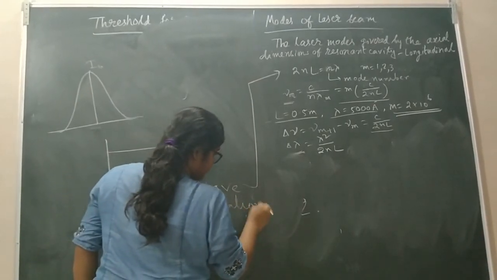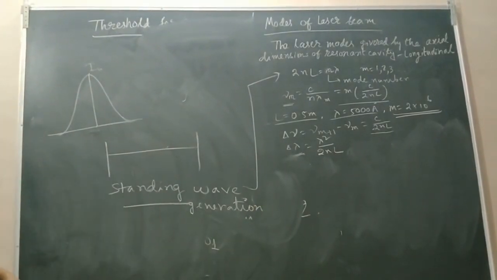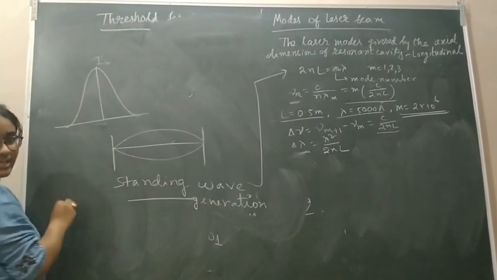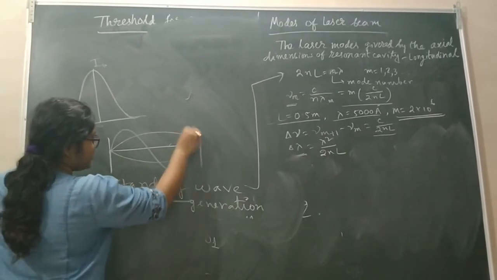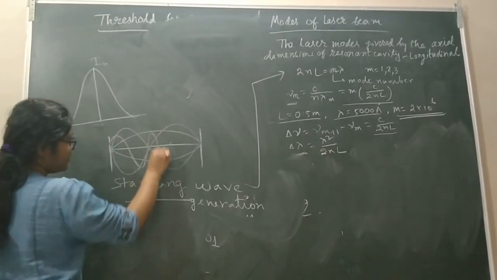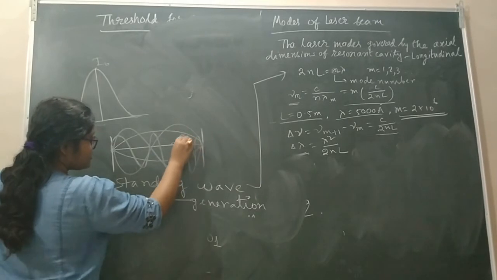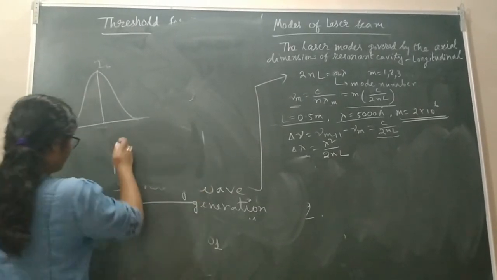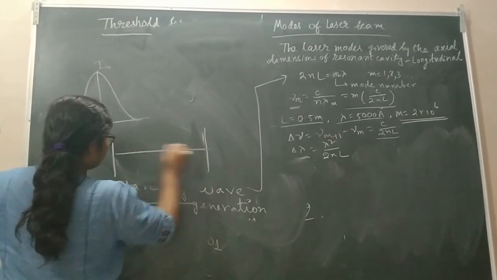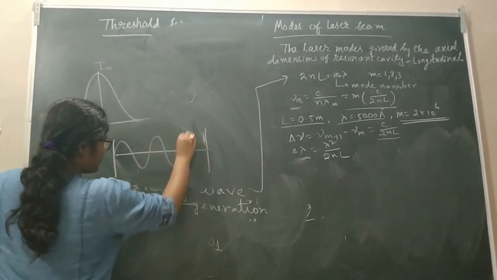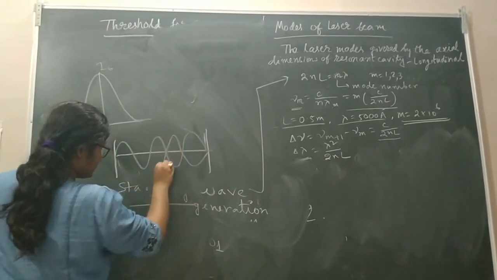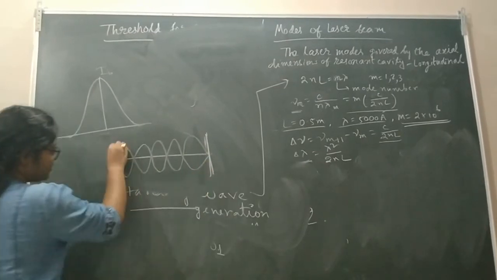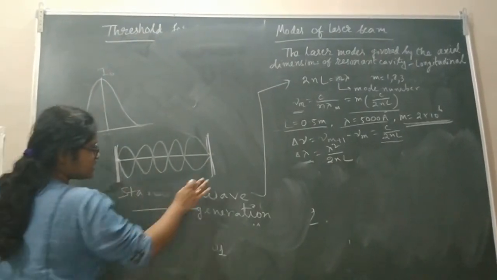You will certainly develop standing waves inside the resonator. The oscillation can be like this, or like this, or like this. What you have to certainly remember, sorry for the overpopulated oscillations, is that there should be nodes at the mirrors or at the boundaries. This is the formation of standing waves.